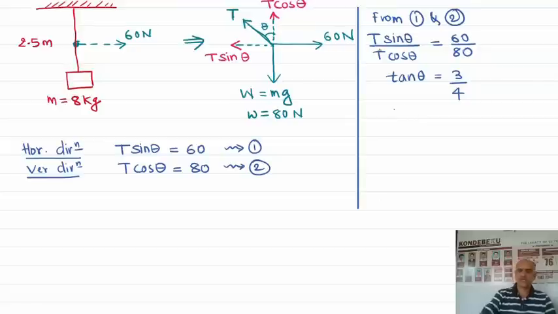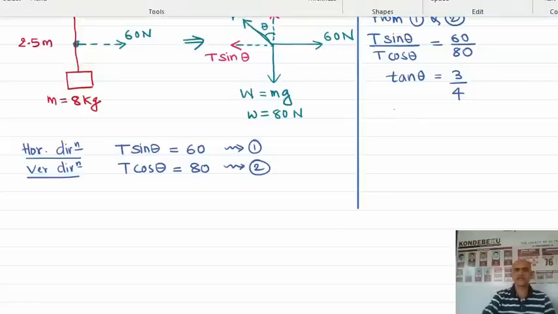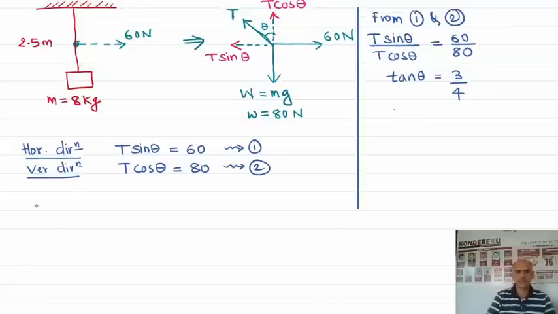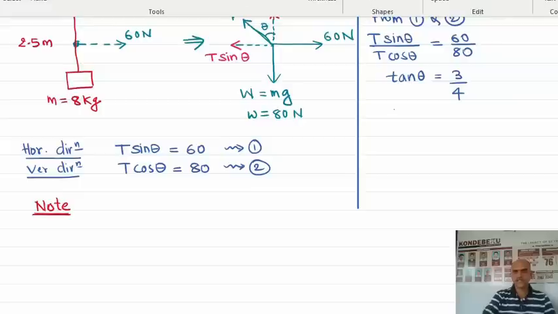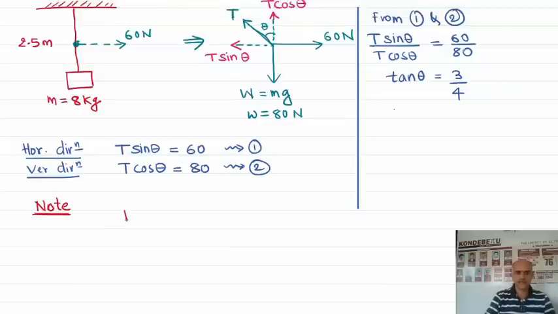Now you can use a log table and write the value of theta, or you can remember this hint. I will write a note here. It will be helpful even for your competitive exams. If the triangle is a right angled triangle, now I will take a rough diagram. So the triangle is right angled with sides 3, 4, 5, a Pythagorean triple.